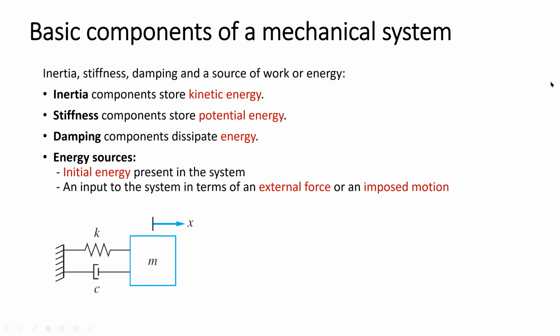And the mass stores kinetic energy. If the mass doesn't move, the kinetic energy is going to be 0. So the inertia component, the moment of inertia or the mass, only has energy when it moves.